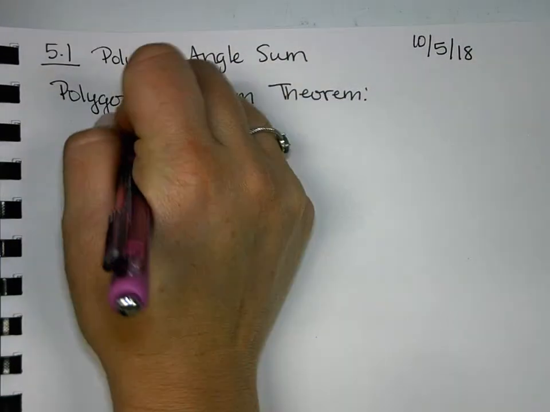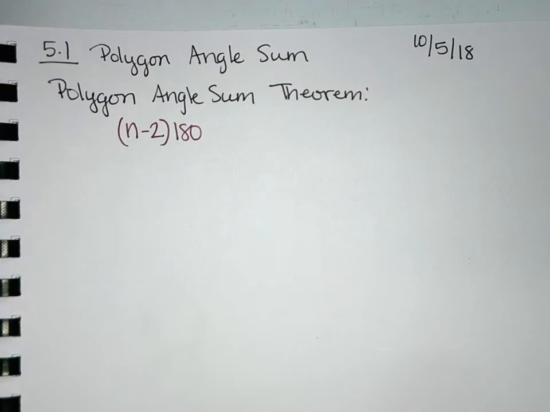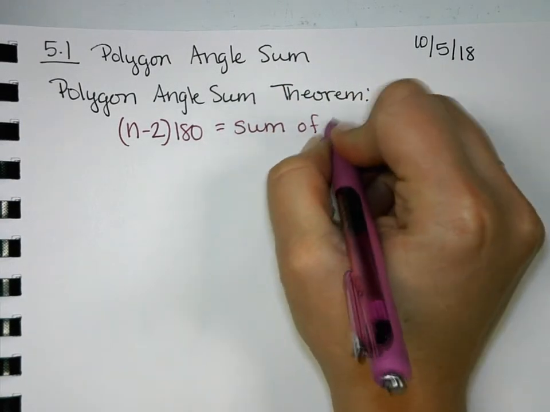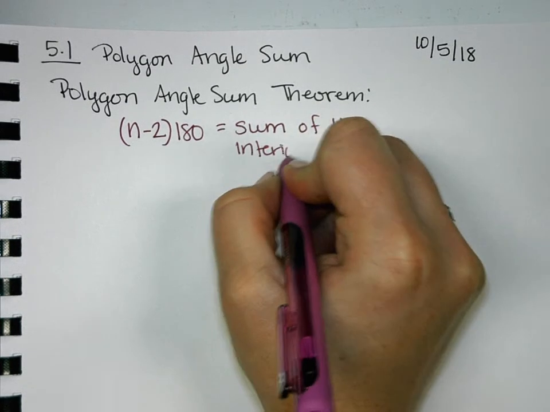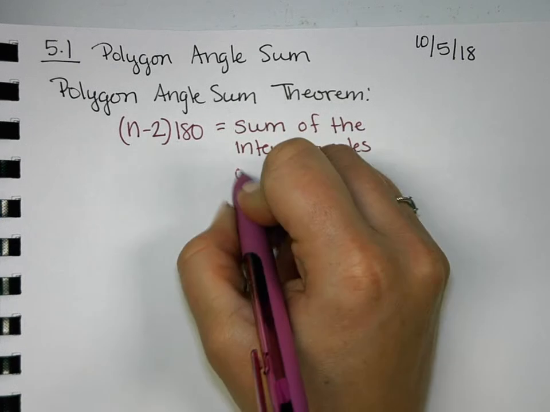So our formula, which we just figured out, n minus 2 times 180, that's what this theorem says will equal the sum of the interior angles of a polygon.